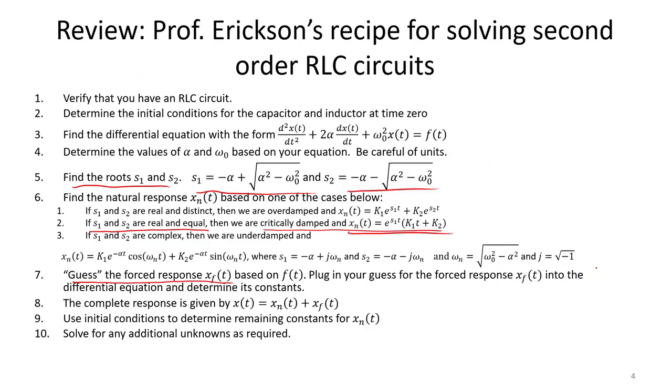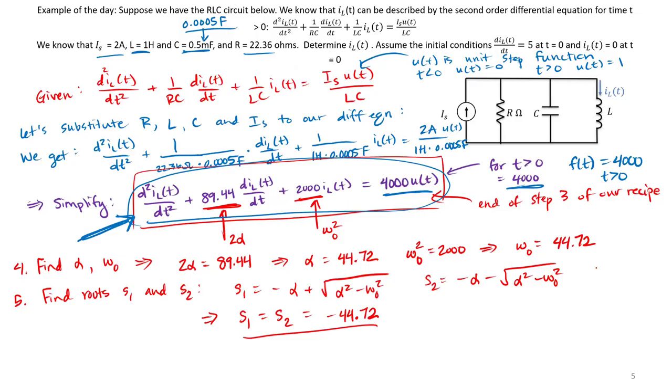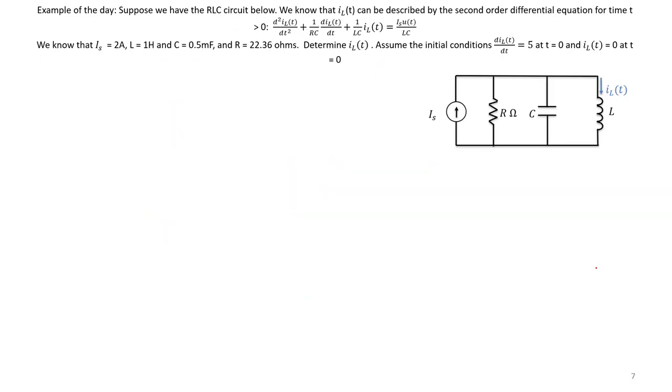So remember, in step 8, we determine our complete response by summing our natural and forced response. And then we use our initial conditions in step 9 to determine any remaining constants in our natural response. So let's go ahead and complete those steps.